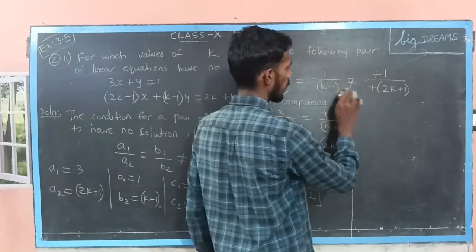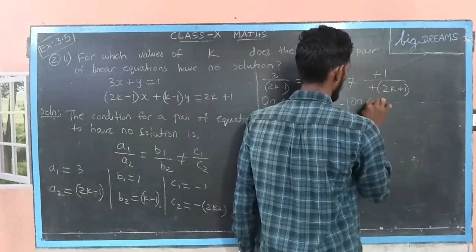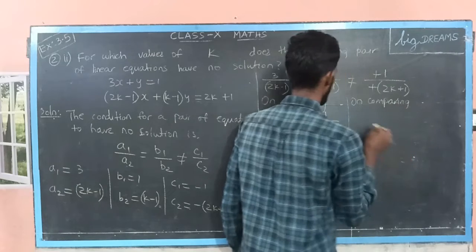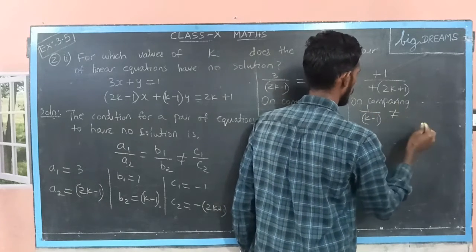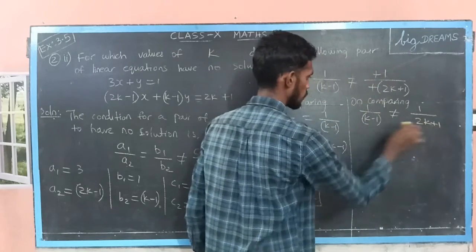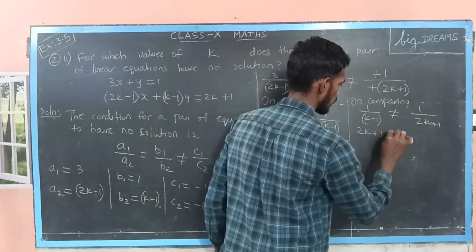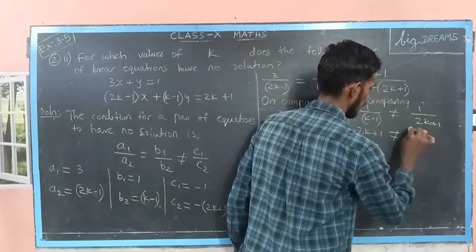Then we have to compare these two inequalities. On comparing, 1 by k minus 1 is not equal to 1 by 2k plus 1. Just cross multiply it. 1 into 2k plus 1 gives 2k plus 1, is not equal to 1 into k minus 1 gives k minus 1.